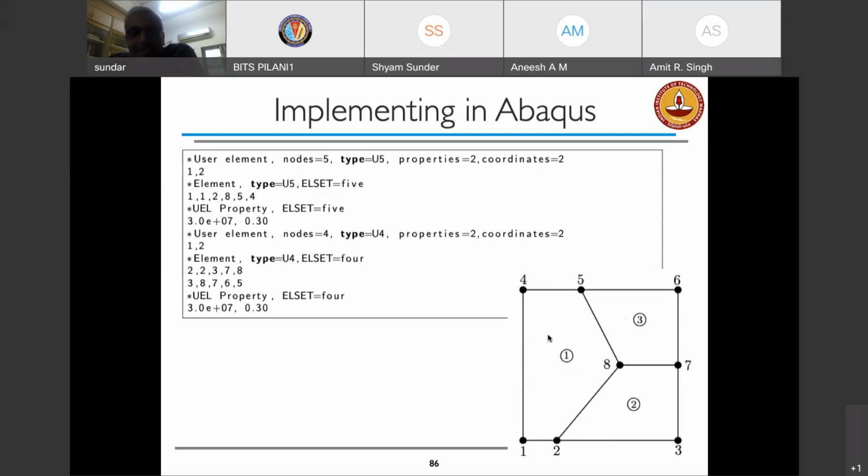It has 5 sides basically. So all we have to do is separate them out and then define a new user element for each of those categories, give the element connectivity and the property. For the rest, you can use Abaqus's built-in functions. So this is what you will generate in the input file.